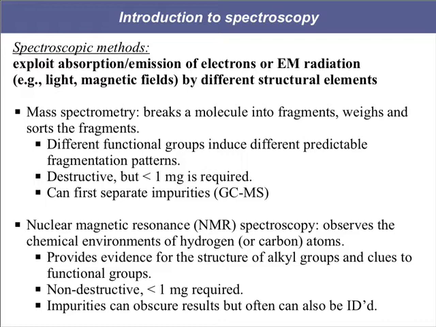NMR is non-destructive, which is very nice, and significantly less than 1 milligram is required. One drawback in NMR is that impurities can make results more obscure, but many times you can actually identify what your impurities are. Even though they're not separated, you can at least figure out what they are.